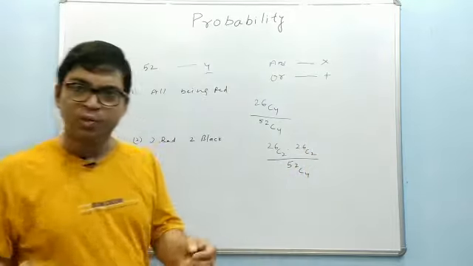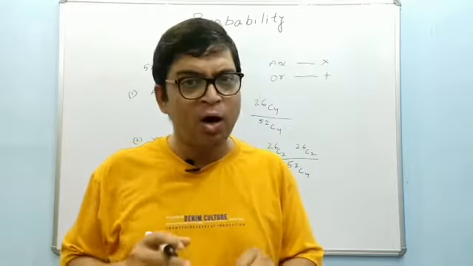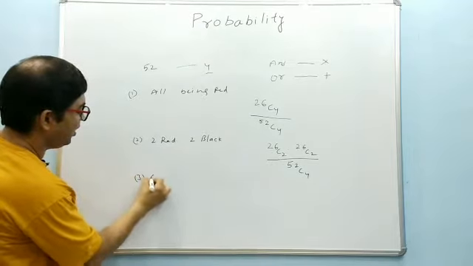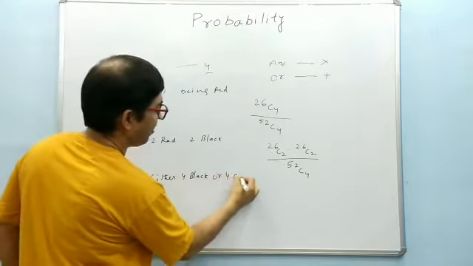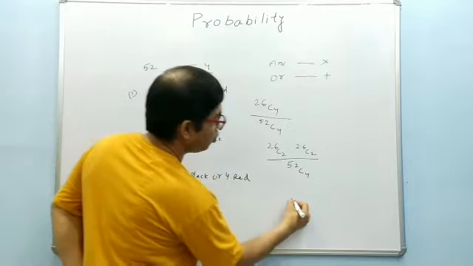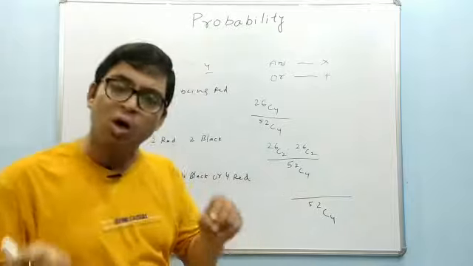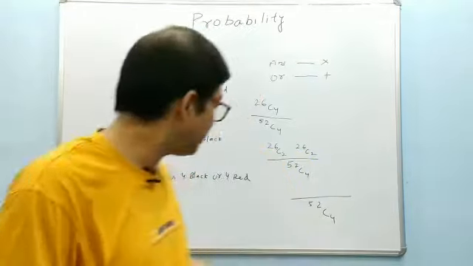26C2. Suppose the question is either 4 are black or 4 are red. That means either 4 black or 4 red. I told you total outcome is not going to change at all. So all the time it will be 52C4 because we are selecting 4 cards.